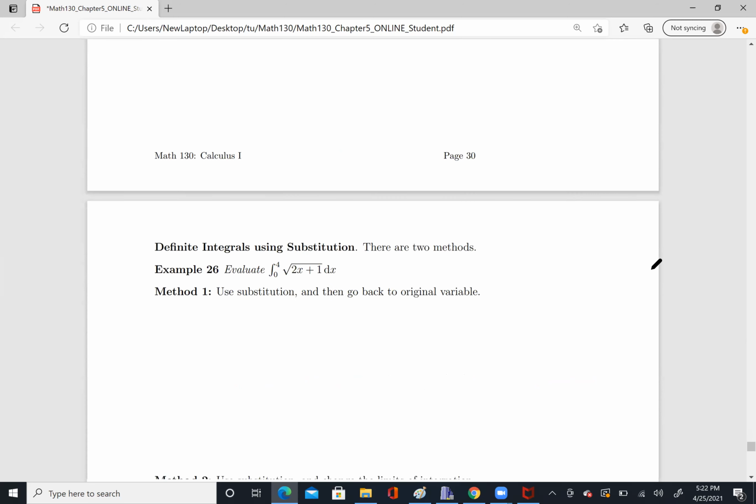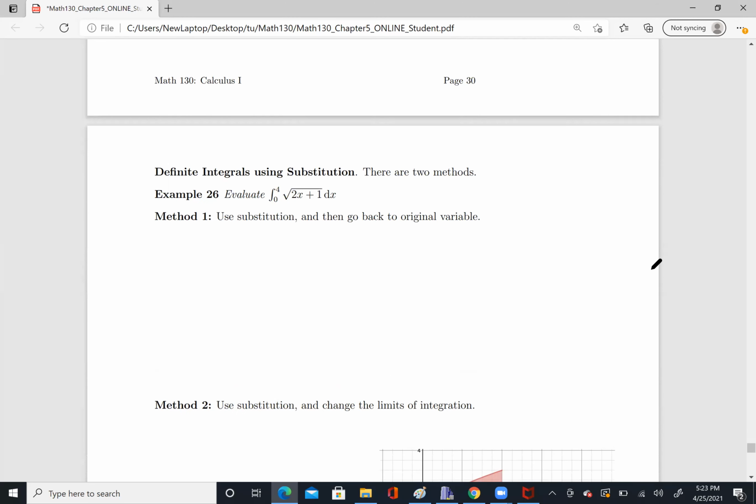Here, in example number 26, we have the integral with the limit. So for that, we must think about when you do the solution, the limits should also change.